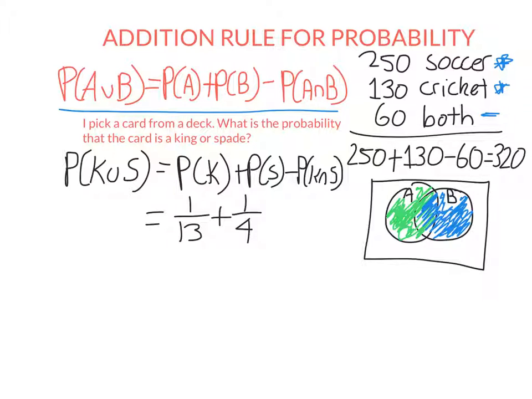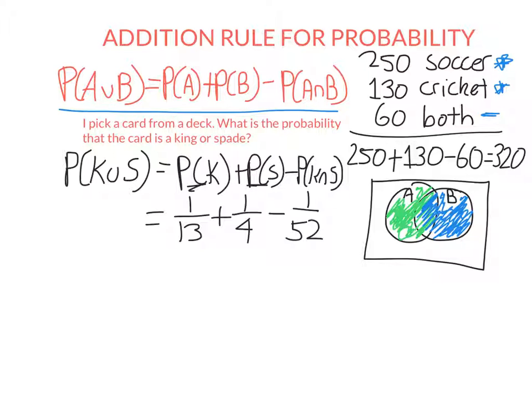I've included the king of spades in this calculation and this calculation. So I need to subtract the probability of both. The probability I pick a card that's both a king and a spade is 1 over 52. So I need to subtract it.